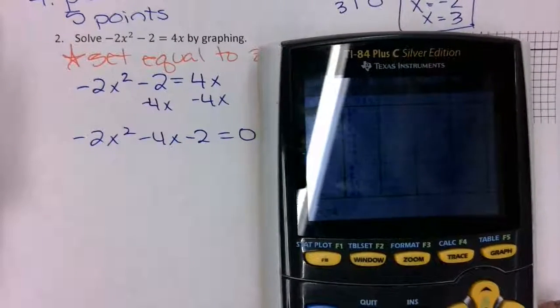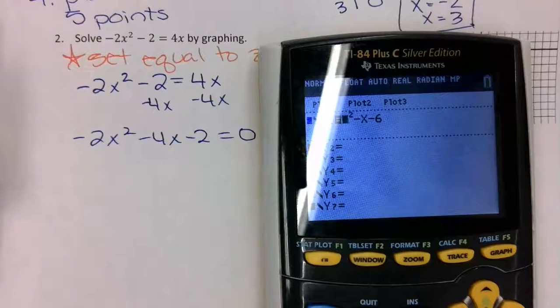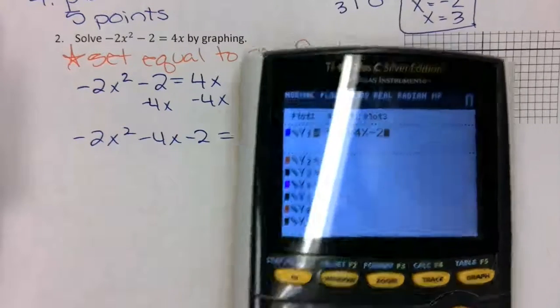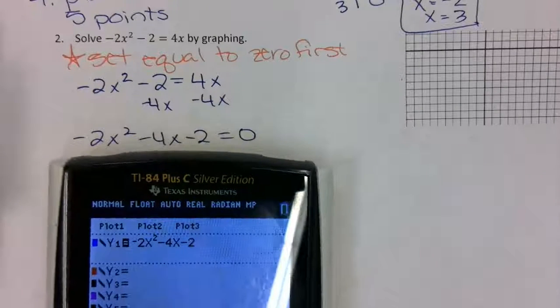So then I am going to type this into the calculator under y equals.